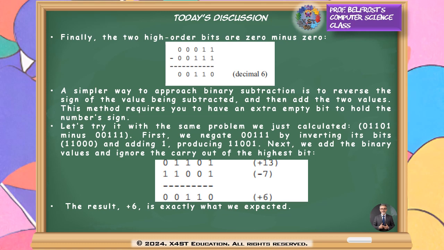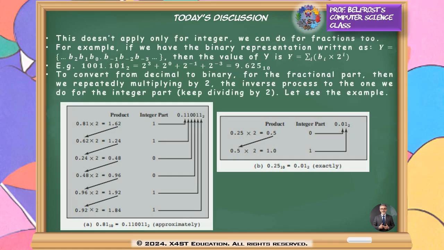Next, we add the binary values and ignore the carry out of the highest bit. So we do a simple summation, and it results in positive 6.